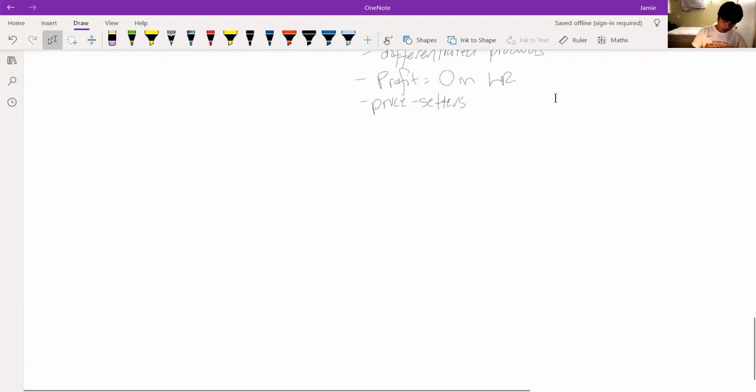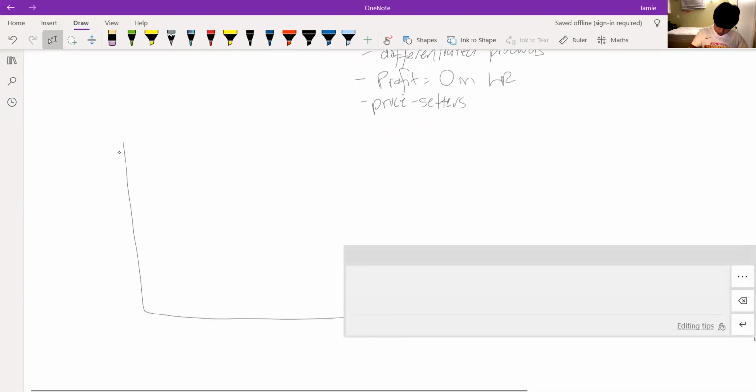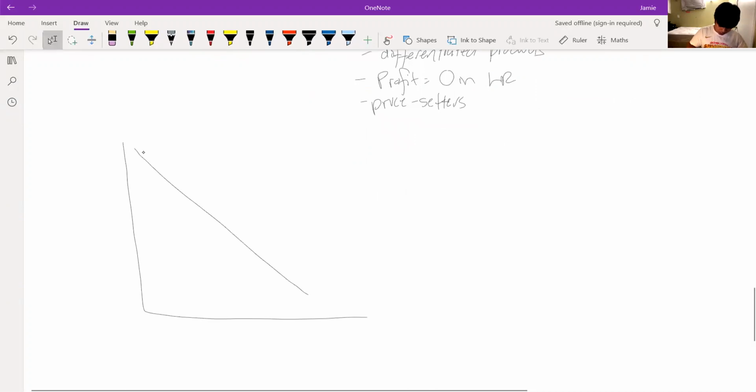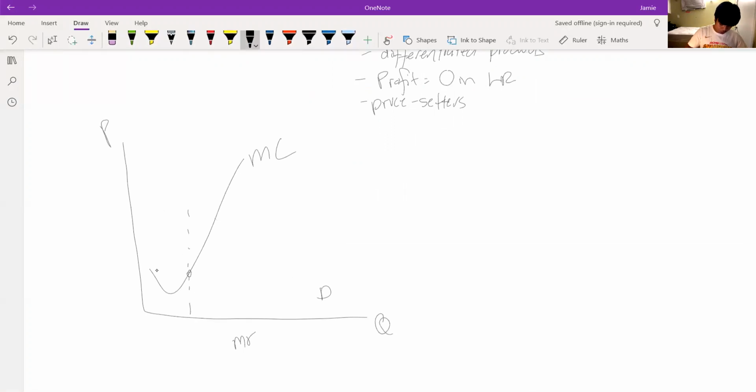Okay, so let's draw out a monopoly. Quantity, marginal cost. This is the PF.